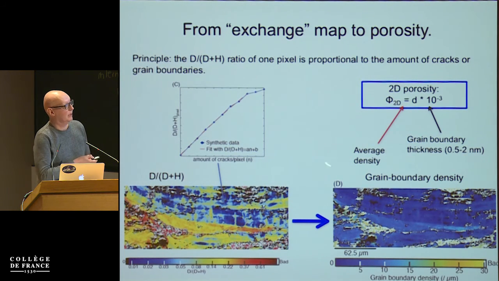We multiply the density of grain boundaries by the grain boundary thickness that we assume, about 1 nanometer, and we can give it a slight range, but it's a reasonable range for metamorphic rocks. So we have a nearly linear relationship between the isotopic ratio and the number of cracks, and so we can convert this image to a grain boundary density and extract porosity from that.